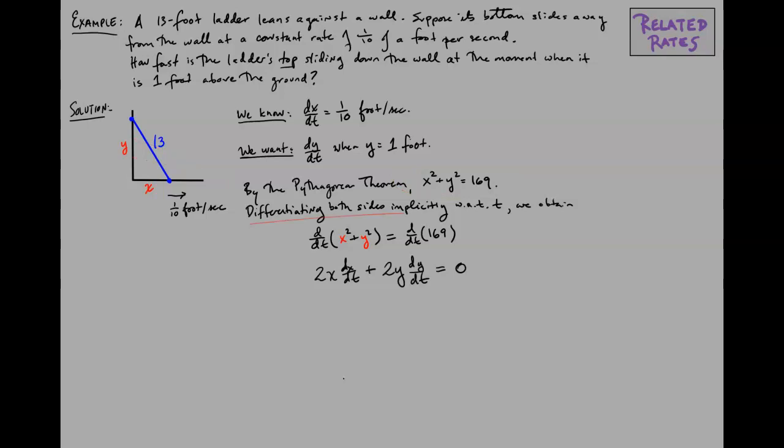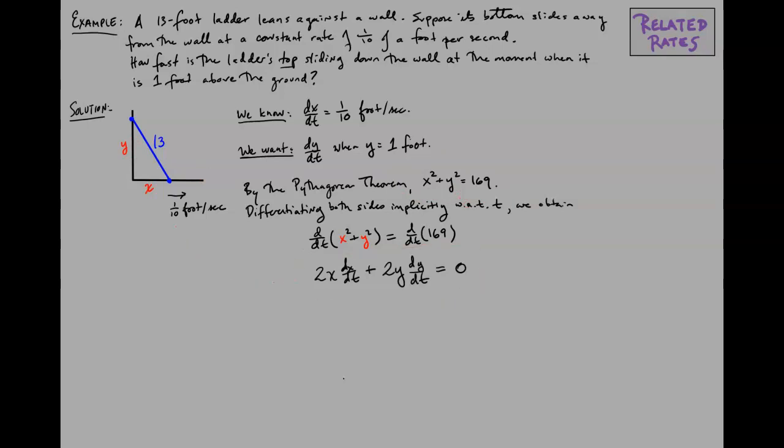And then by taking derivatives of both sides with respect to time, we obtained this new relationship, which also holds at all moments. We haven't specified anything. We haven't frozen any one moment in time. So no matter what the ladder's position is, not only does this relationship between x and y hold, but this relationship holds as well.